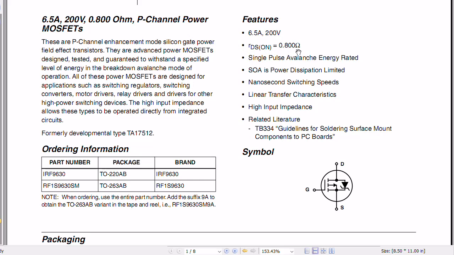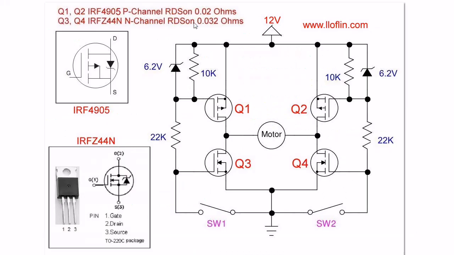That's a big difference between 0.02 and 0.032 ohms. I switched out these transistors, and that fixed that problem right off the bat. And so that answers the question of efficiency.